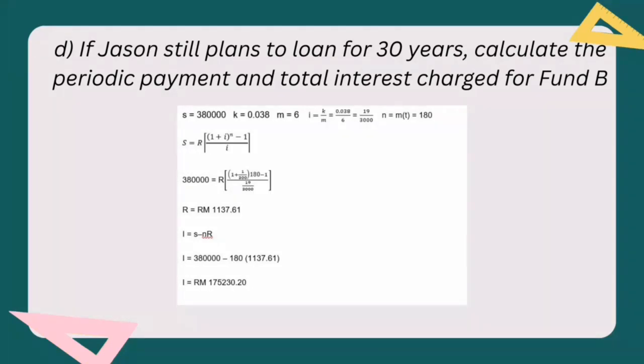Next, question D. If Jason still plans to loan for 30 years, calculate the periodic payment and total interest charged for Fund B. So we must use the future value formula. S equals 380,000, j equals 0.038, m equals 6, i equals k over m equals 0.038 over 6 equals 19 over 3000. So n equals m times t, which is 180.